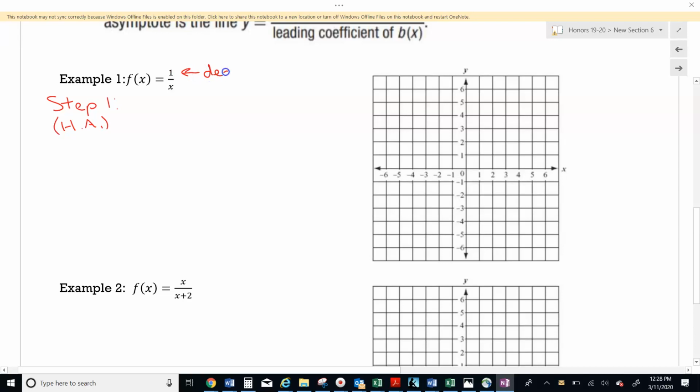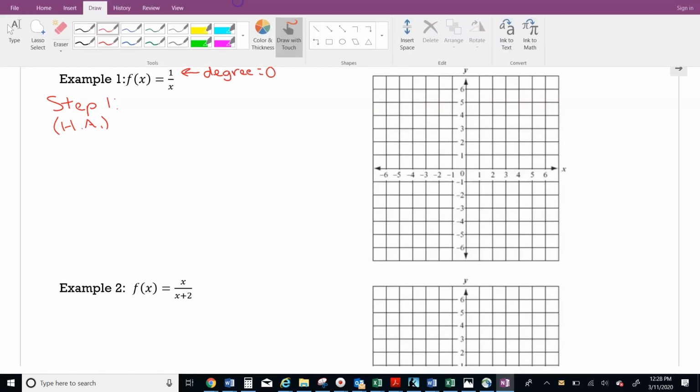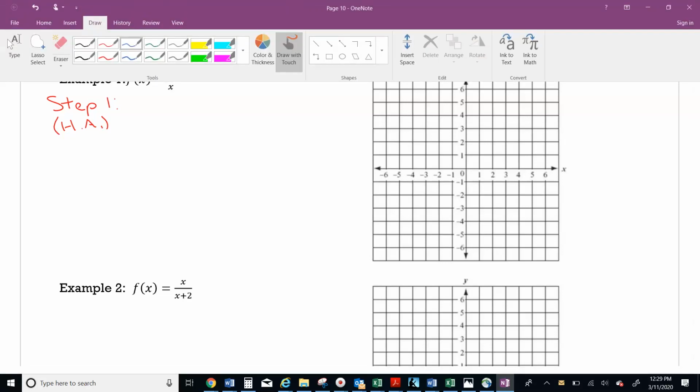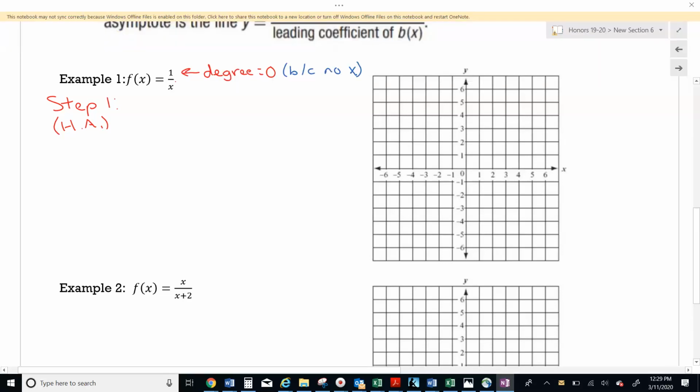The degree equals 0. Right. Here, it's x to the 1. Okay, so the degree equals 1.